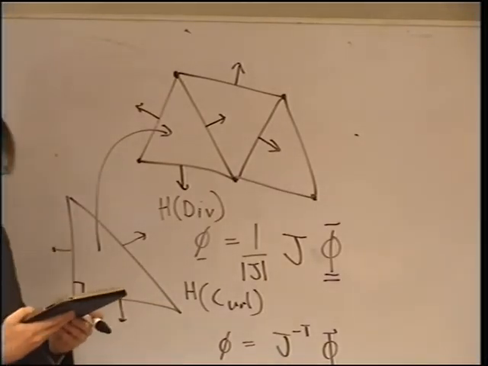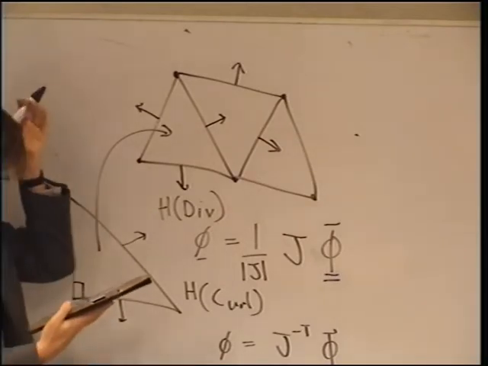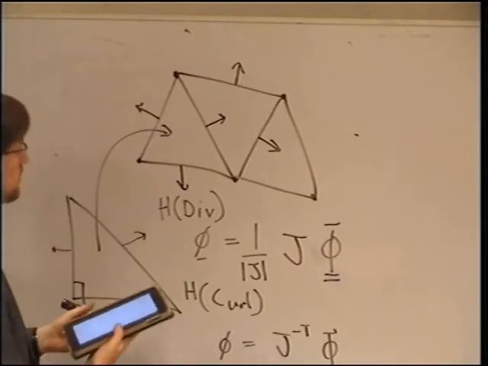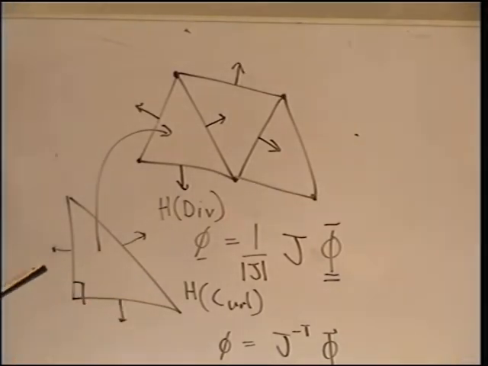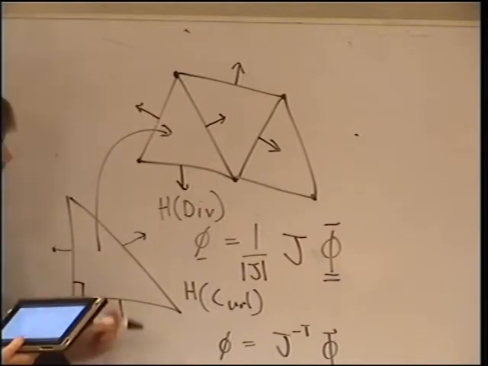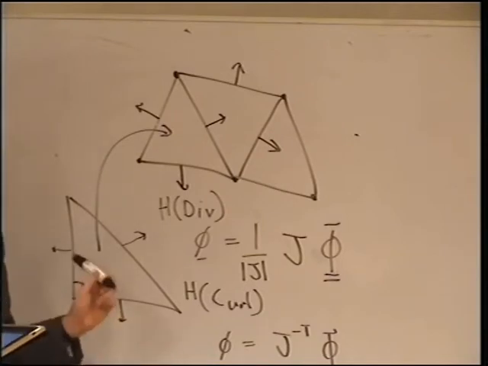It's the important property. And so the best way to do this is to actually apply the Piola transform to the vectors which define the edges and the normals.